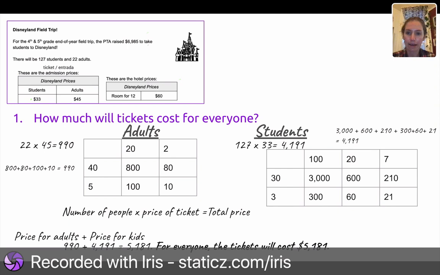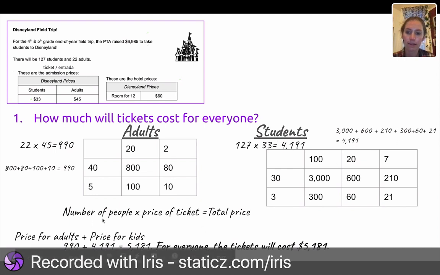So here's an example of how I expect you to solve a problem on a 5th grade test. So this is problem number 1. How much will tickets cost for everyone? You can see this person did the math for the adults. They did the math for the students. They showed their work.